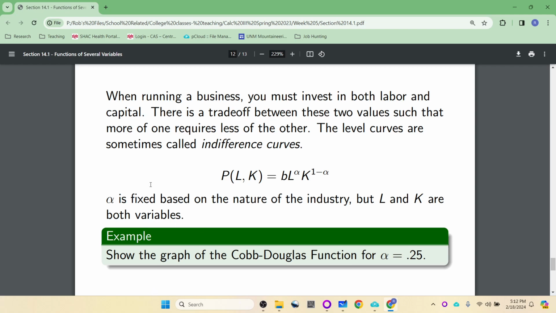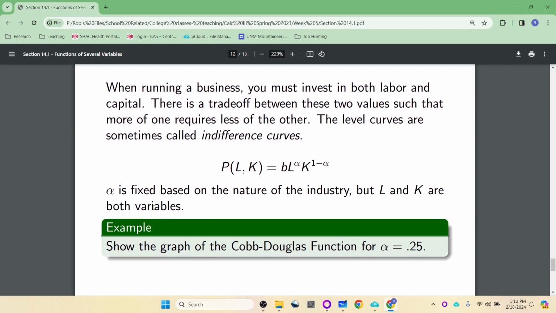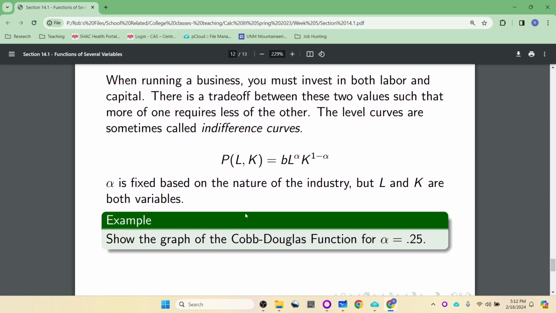So I would say stop for a minute, go to our graphing software, and plug this in. B equals L to the alpha, use whatever you want for B. Just put 1, I guess, would be the easiest. Put L to the 0.25, K to the 0.75. Or if they don't have L and K, just use X and Y instead.